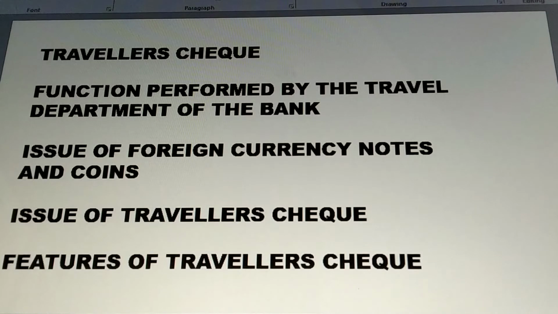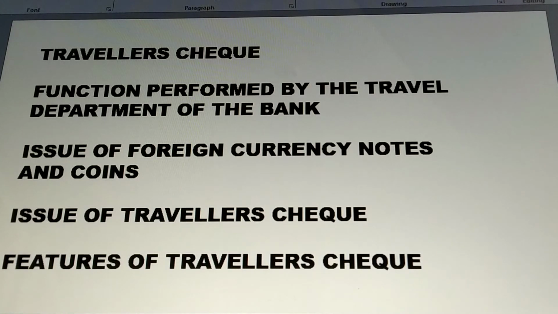Now, most of the banks have a travel section department too, where they handle all such matters of foreign currency, for those who wish to go abroad, and those who come from abroad to India. They make the conversion of currency, notes as well as coins.